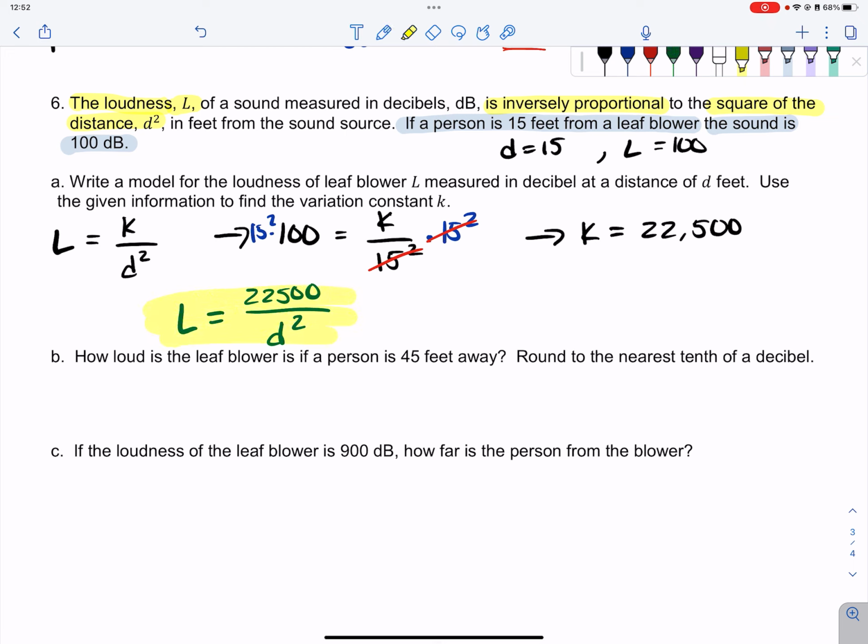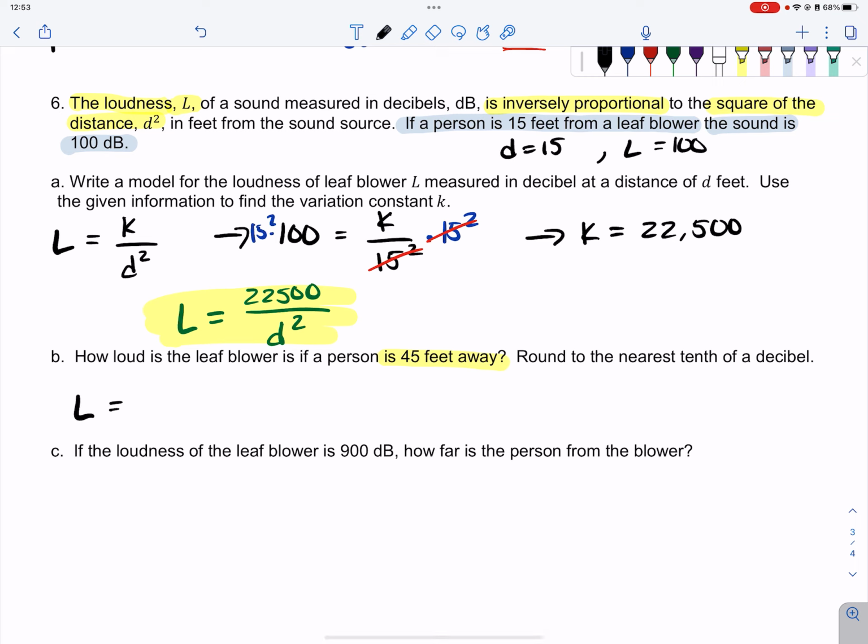Now we can answer some questions about this. How loud is the leaf blower if a person is 45 feet away? We're solving for L, the loudness, and we replace the distance with 45.